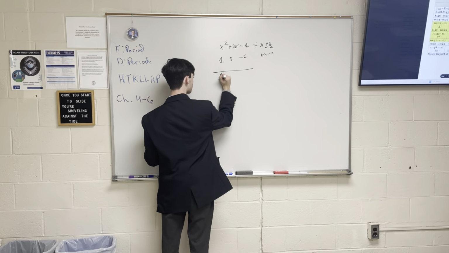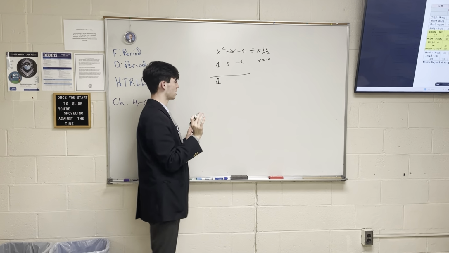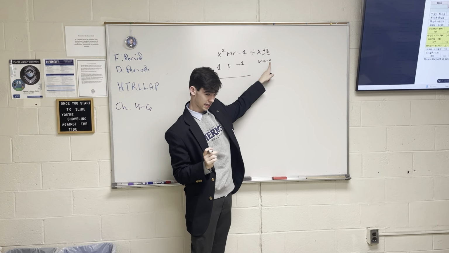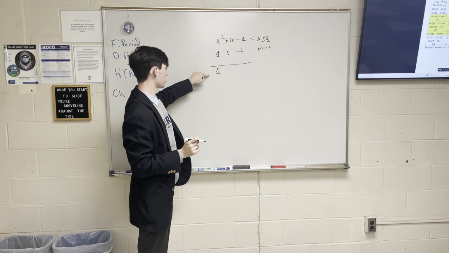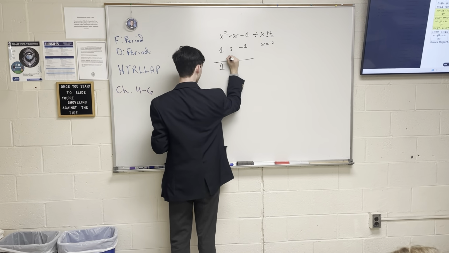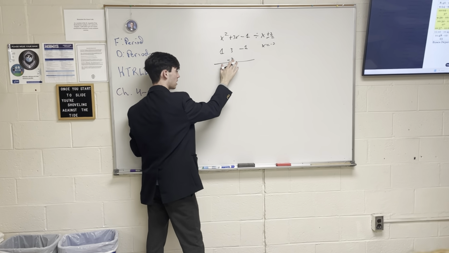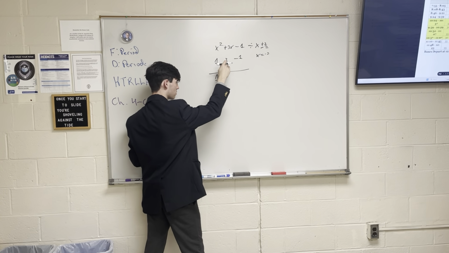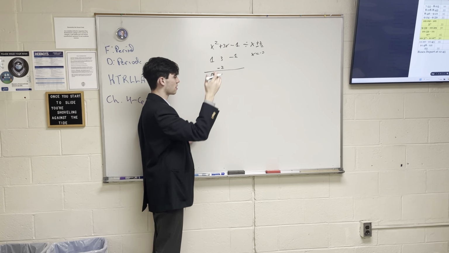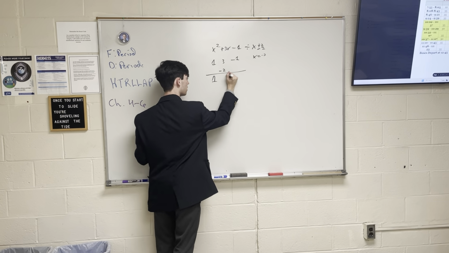So you move this 1 down, and then you multiply the number you take down by what x is. So we have 1, multiplied by -2 to get -2. And then you add the two numbers together. So 3 plus -2 is 1.